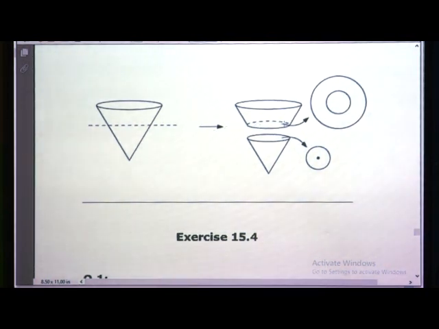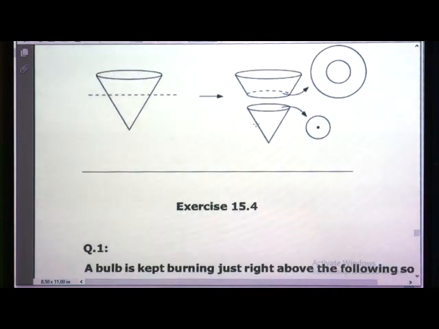After cutting horizontally, at the top you will get a broad, big circle, and the lower part will have another small circle here. So, these are the horizontal and vertical views of this.